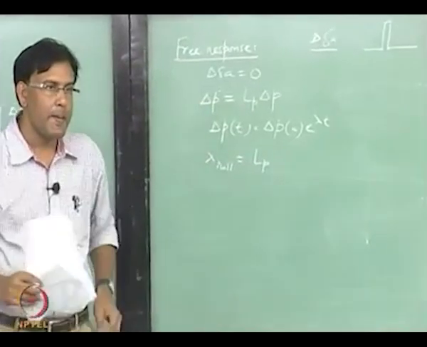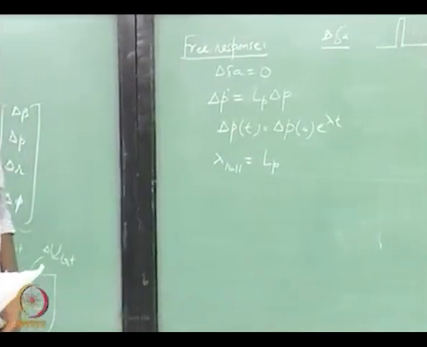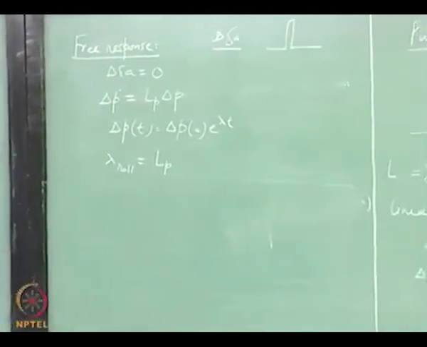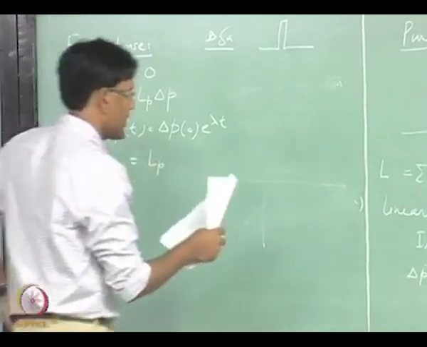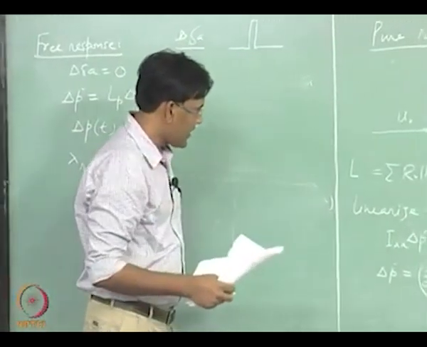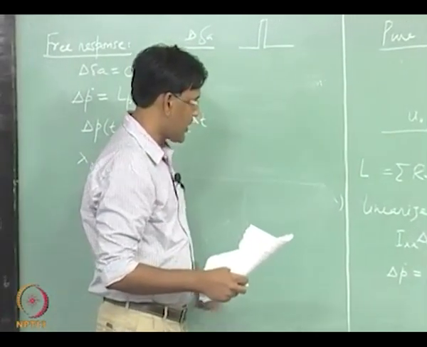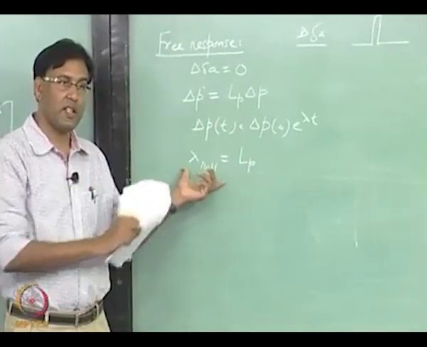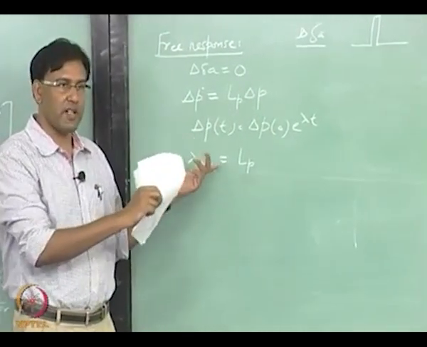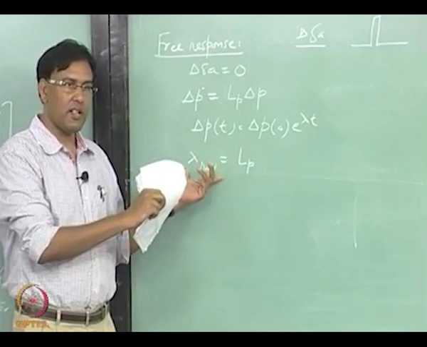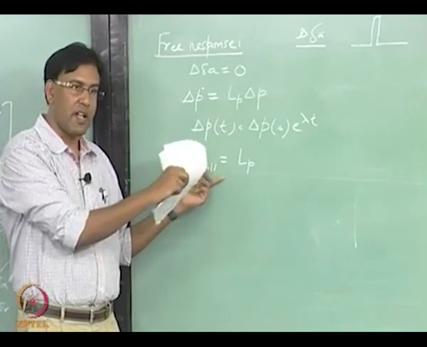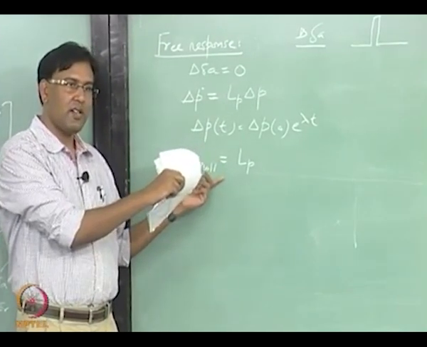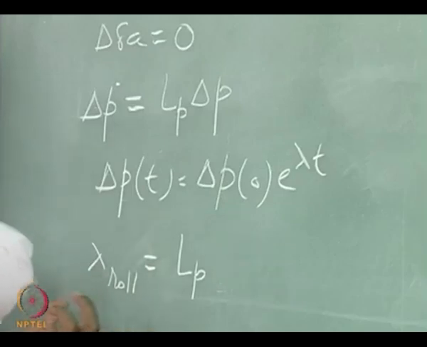Yeah, right. But look at the usefulness of this. Because now you are able to extract one eigenvalue, this may be a rough estimate, and sometimes a very good estimate actually. In case of roll, actually this is a good estimate.